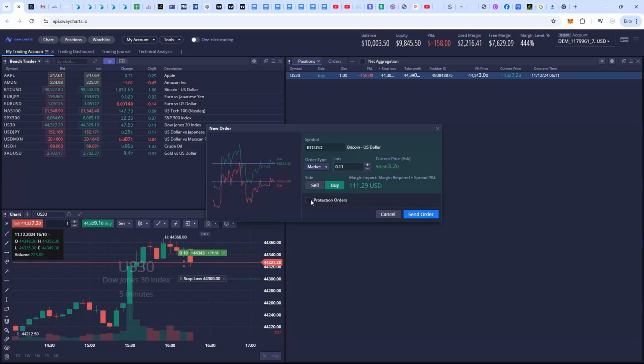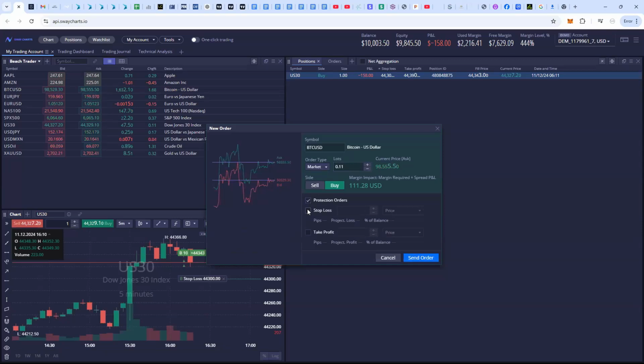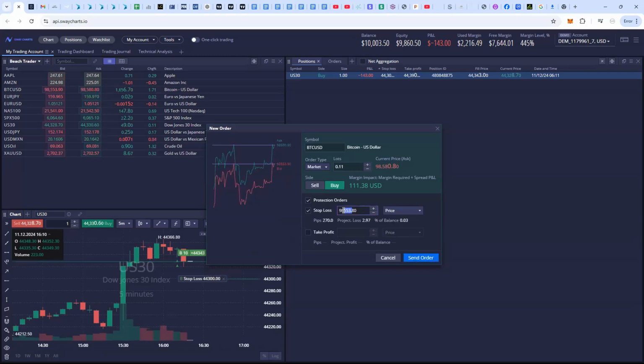And before you get in the trade, you could also do a protective order right here and make your stop losses. We're going to buy. So let's put 800, and then we'll do 498,400.